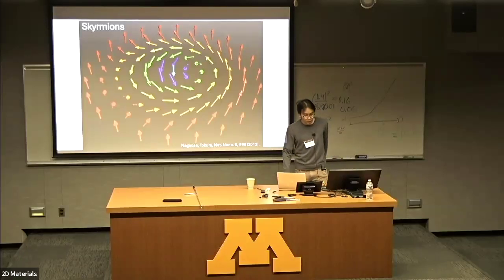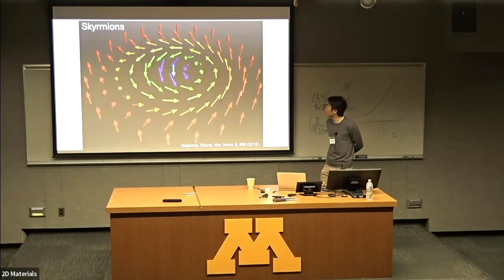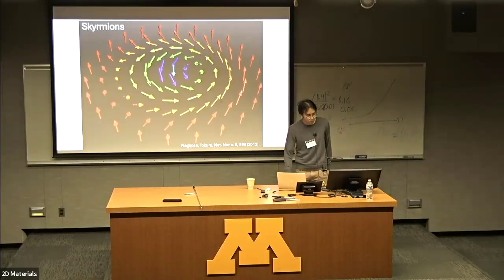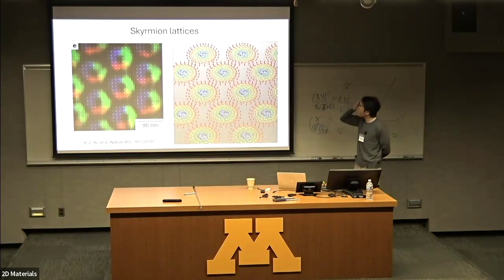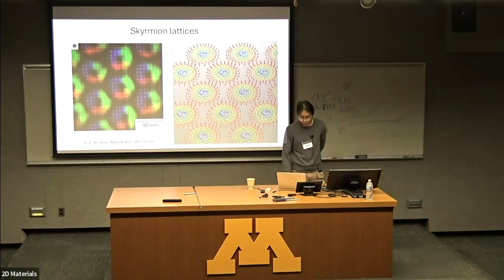These are quite well studied in the context of magnetic materials, and they like to form lattices. On the left is a real experimental image measuring the in-plane spin in a magnetic field of one of these skyrmion materials, and you can see there are skyrmions. They like to form lattices. On the right is an artist's rendition of what this looks like.